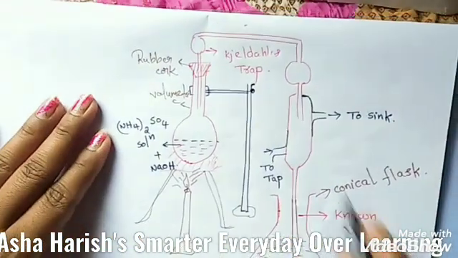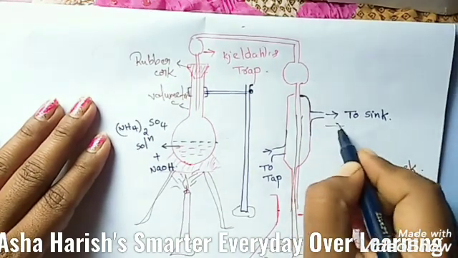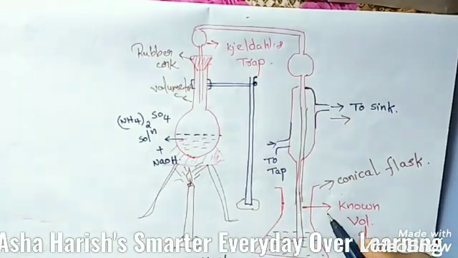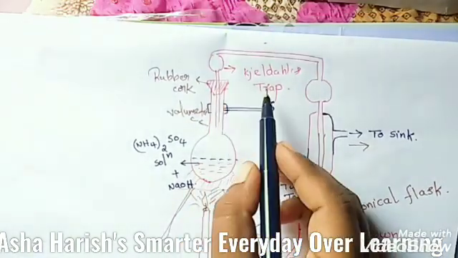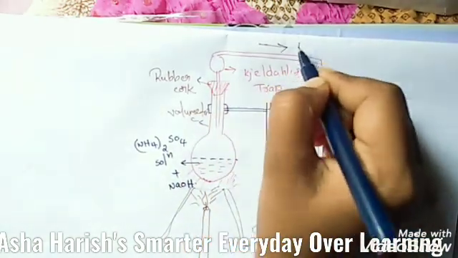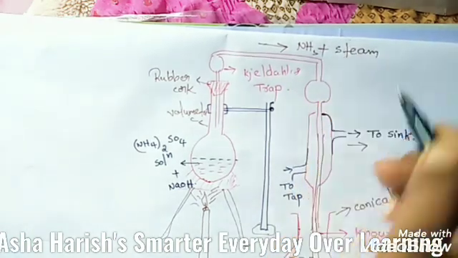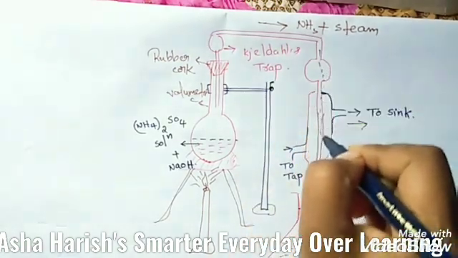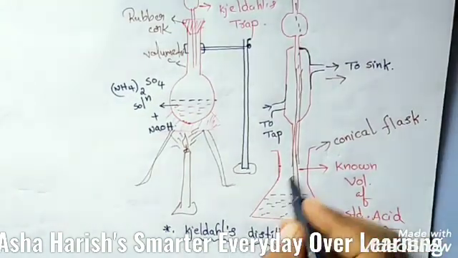and here, as a condenser, it is connected to the tap. Here is the conical flask, and after the heating process, from this flask to this Kjeldahl trap, NH3 plus steam forms in the form of fumes, and it directly comes and condenses here. Then a known volume of standard acid should be collected here.